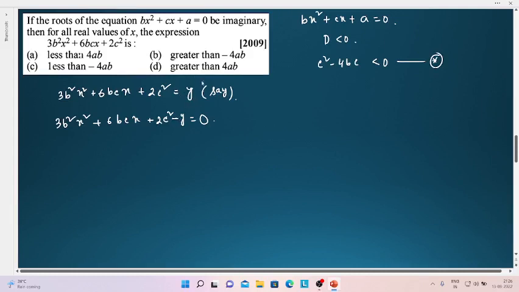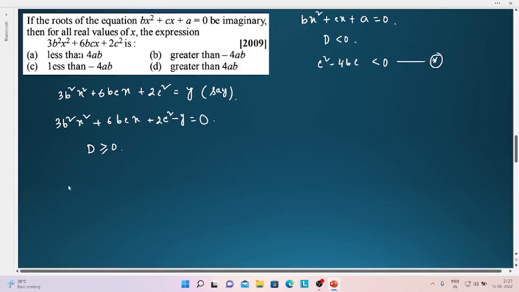So basically we have to find out the value of y only, so that we can say whether this particular part is greater than 0 or less than 0, or whatever it may be. Here you can see, for real values of x, the values are real, so the discriminant will be greater than or equal to 0.